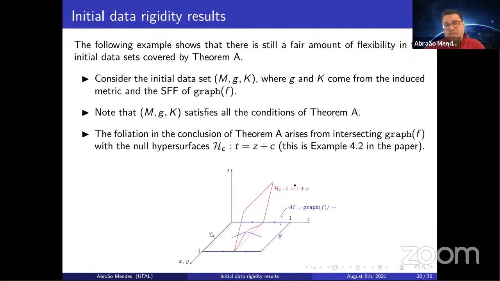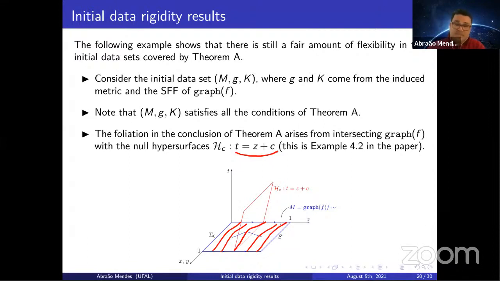In fact, we can intersect the graph of the function f with the null hypersurface H given by these equations and obtain a foliation of our manifold. So here we can see our foliation, and it's possible to prove that this foliation satisfies all the conclusions of theorem A. So because this example is so general, we can't say much more about the initial data set covered by theorem A, okay?